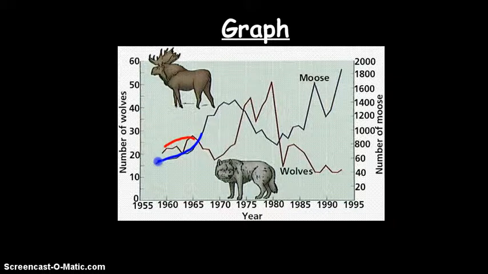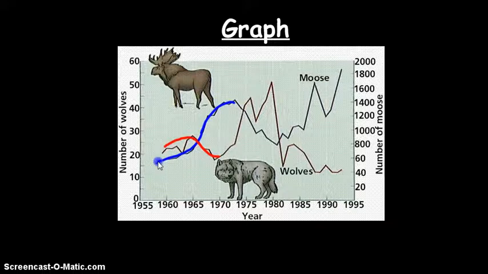So if we look at that, when there's more wolves, there's going to be less moose. And as there's less moose, the wolves have to have less because there's not enough food. And because there's fewer wolves, there's going to be more moose available because there are fewer predators.